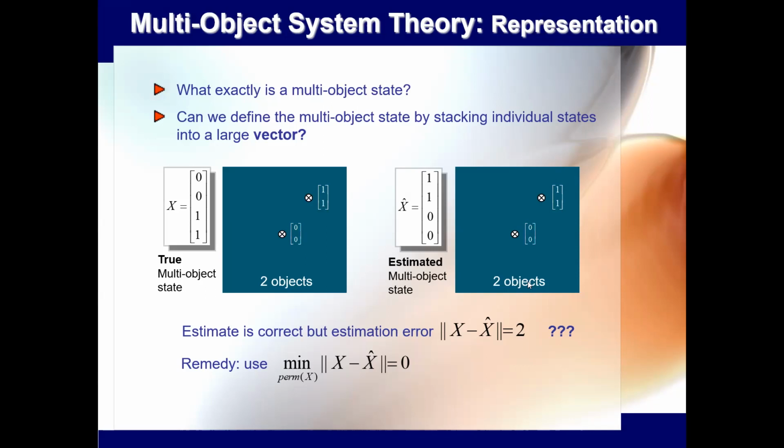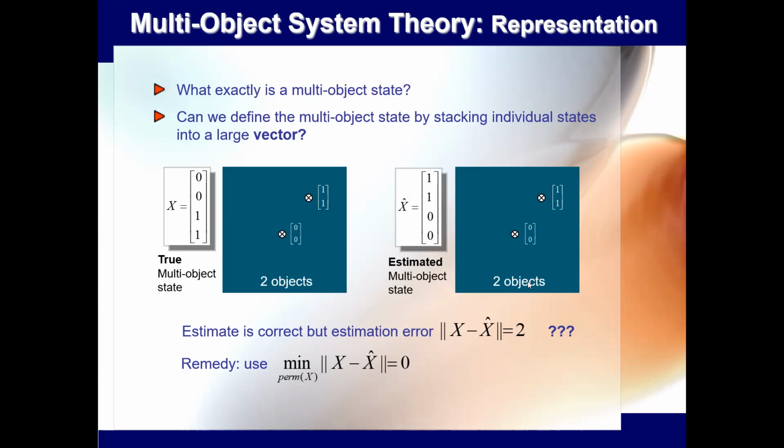The thing is that when it comes to performance evaluation, it is not clear. You may think that I can measure this one as a single error, this one as a single error, and so on. But mathematically it is not correct, because the number of objects is random, and this concatenation of vectors is not a proper way to do it.